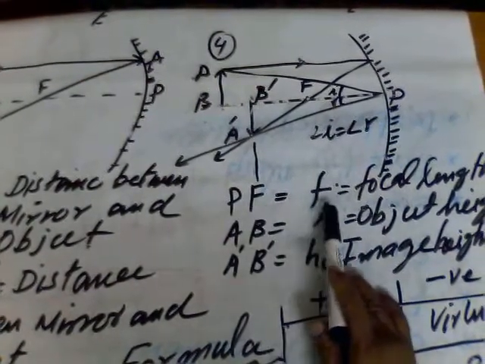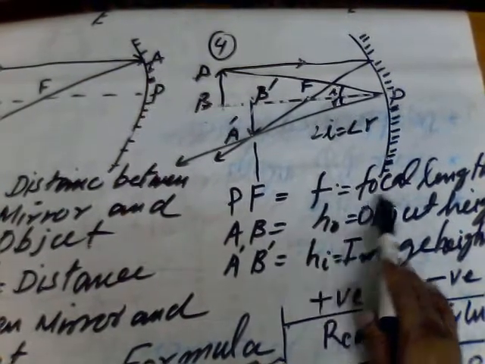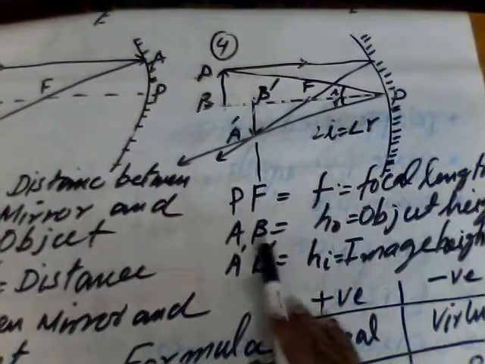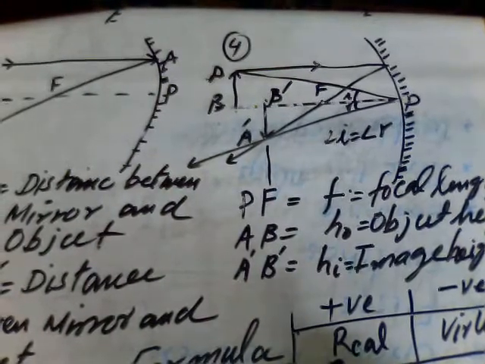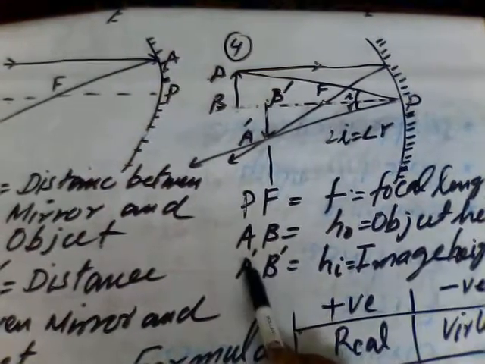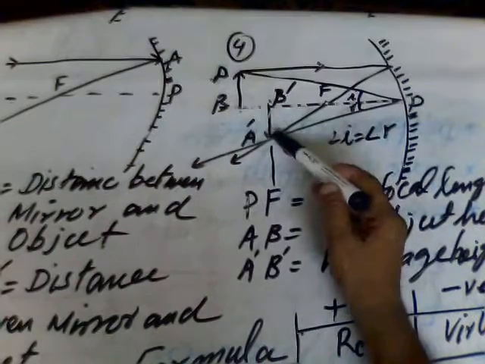PF, F is the symbol for focal length. AB is the height of the object. A dash B dash is the image height.